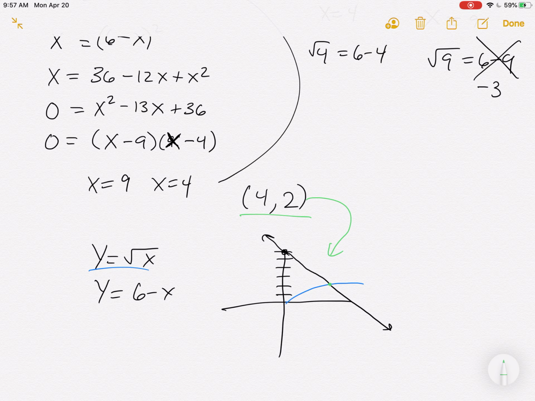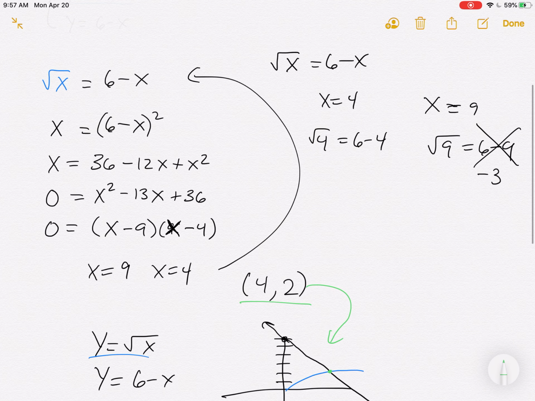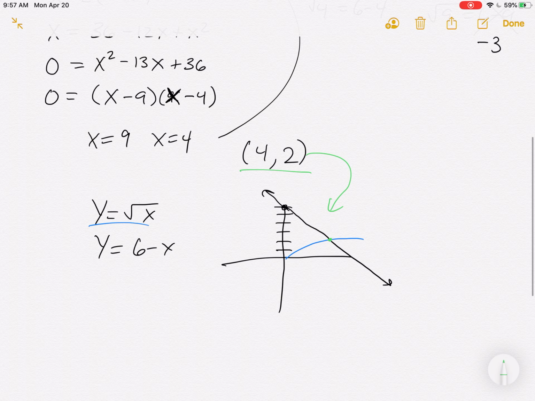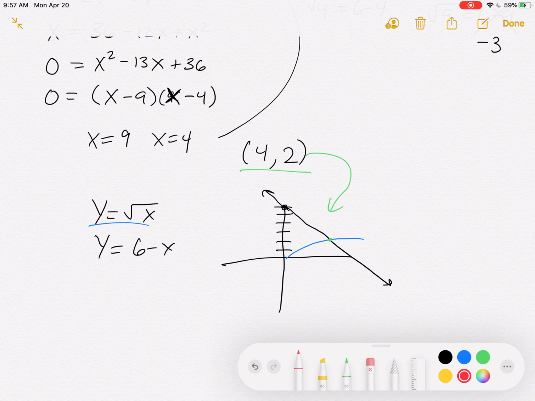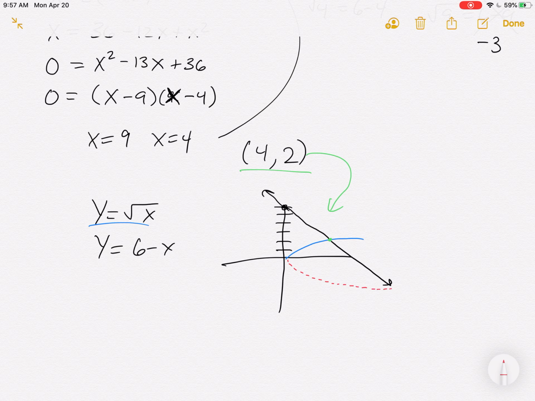So what's awesome is that you can start to realize, well, where did this 9 come from? It's not arbitrary. It's totally coming from the fact that when we squared both sides, we lost sight that we had a principal square root, which means the parabola could have had another side, which I'll put in red. And if I put it in red, guess where that second intersection point is going to come?